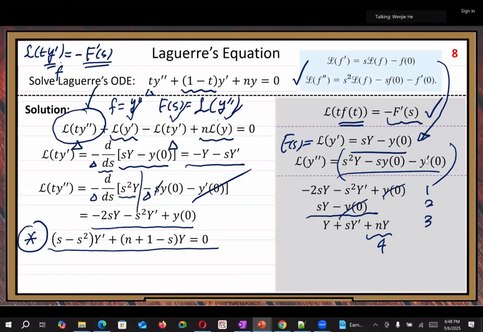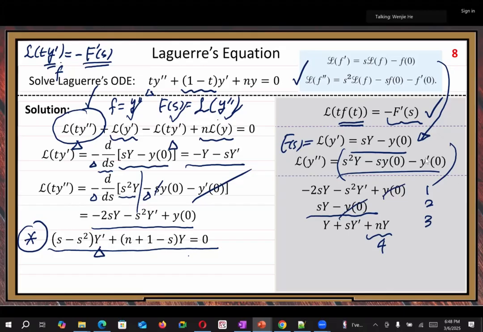When we apply the Laplace transform, we can convert ODEs to algebraic equations. But here, after you apply the Laplace transform, you still get another ODE, a little simpler. Originally you have second order, but now you have a first order ODE.